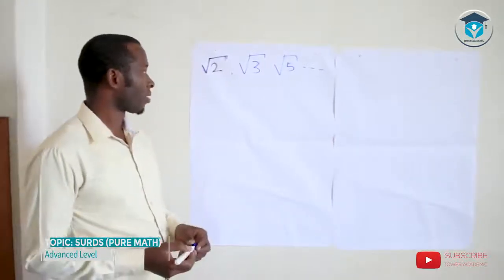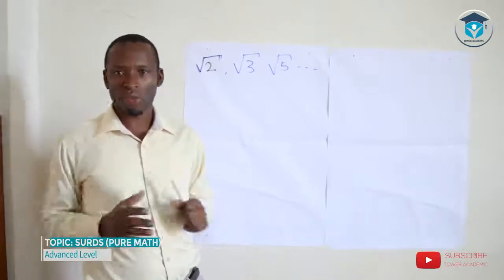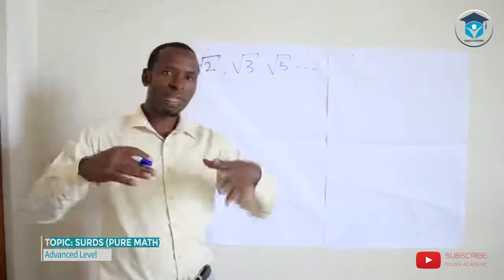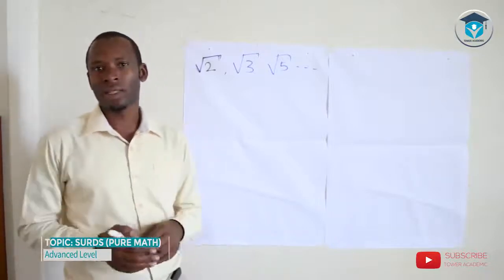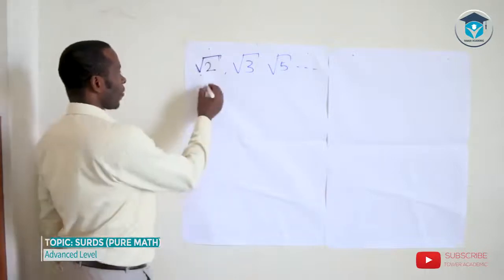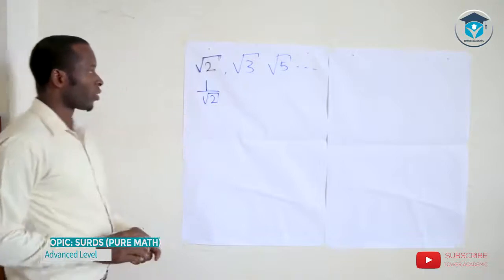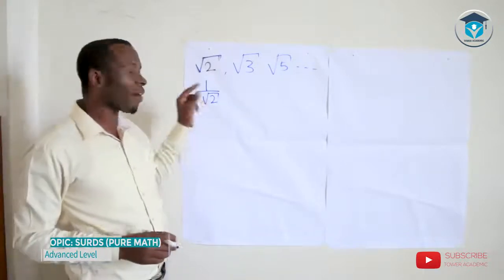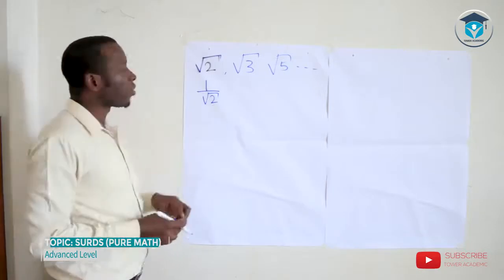That is a Surd. So this part, I've come to look at what we call rationalizing. Rationalizing basically means that you don't have a Surd form in the denominator. For example, if you have 1 out of root 2, to rationalize this means that you don't have the Surd form at the bottom. So what am I going to do?